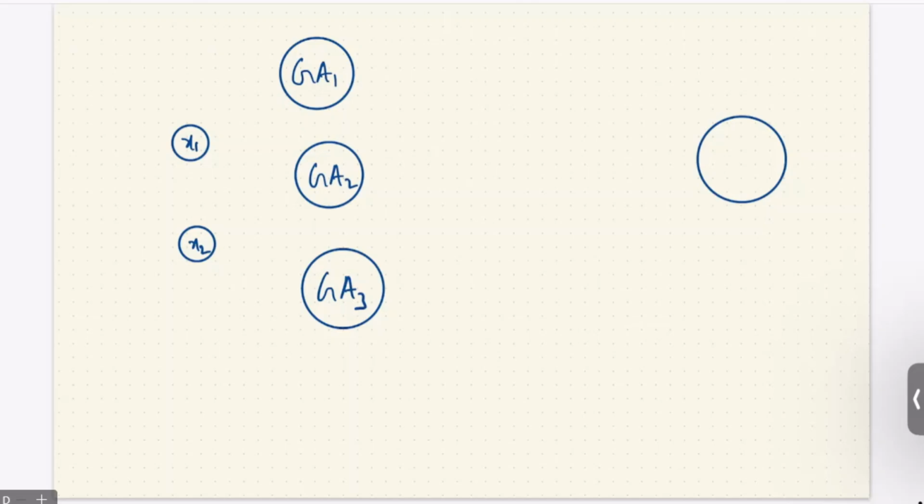Suppose this GA1 is repeated several times.